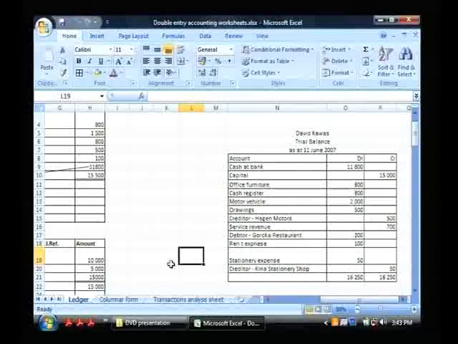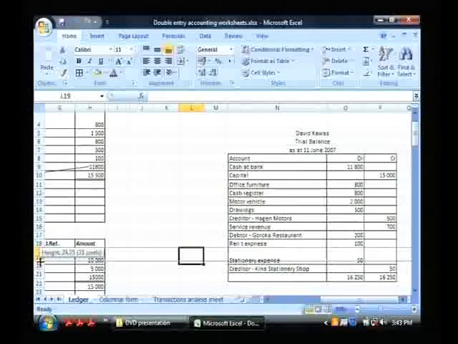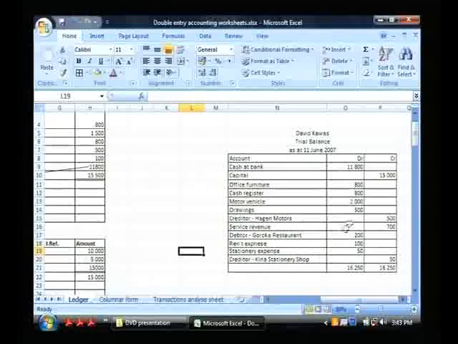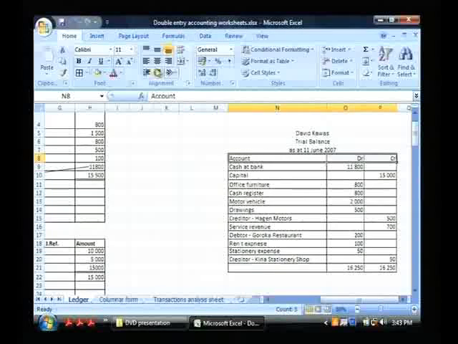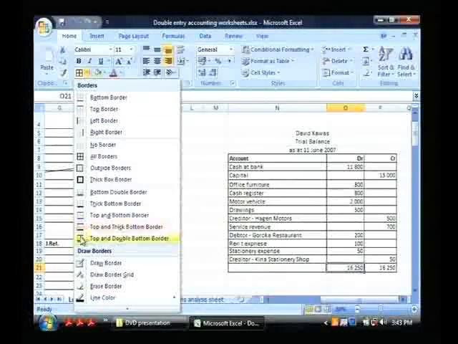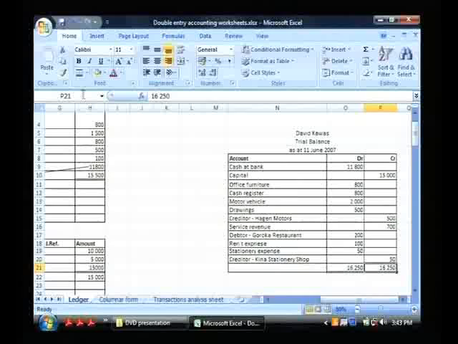So this is the trial balance. The trial balance shows that we have made the double entries correctly, and therefore shows debit total equals credit total.